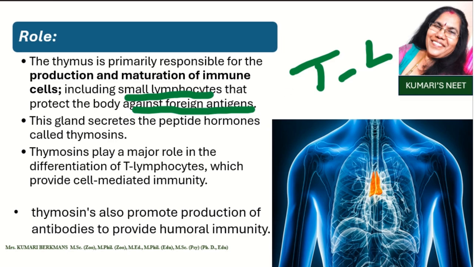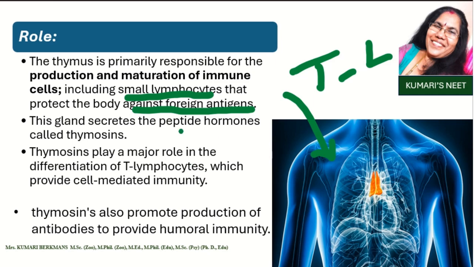If any antigen enters our body, this thymus gland produces many hormones that activate the cells to produce the T cell and other cells. Those cells protect our body against the pathogens or any antigen which comes inside our body.